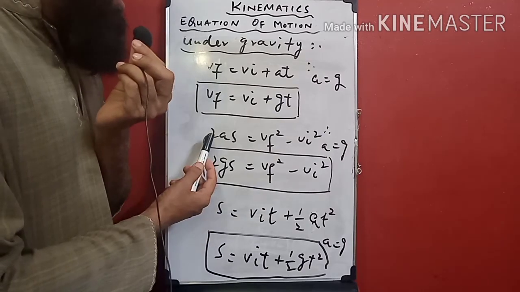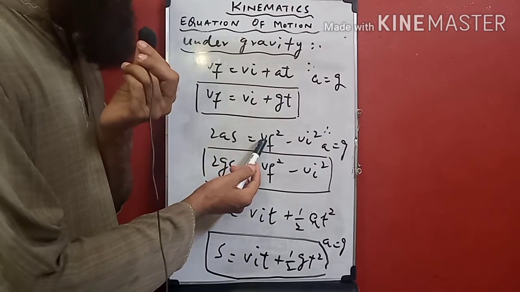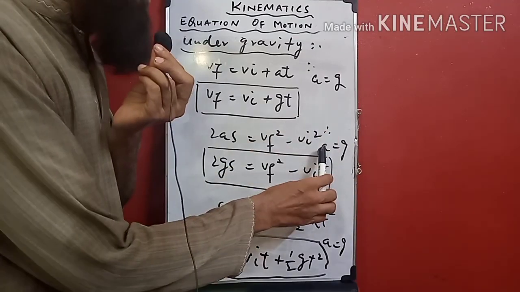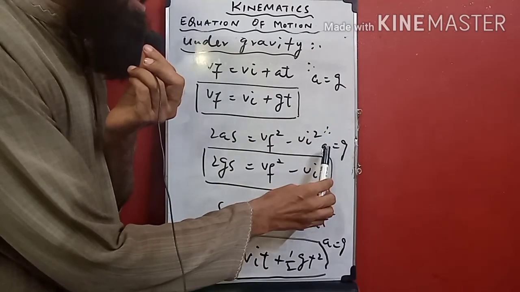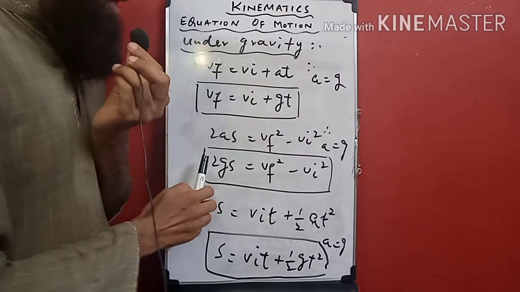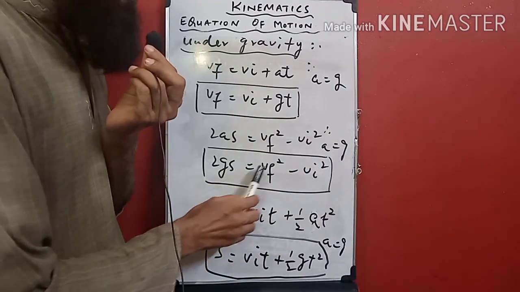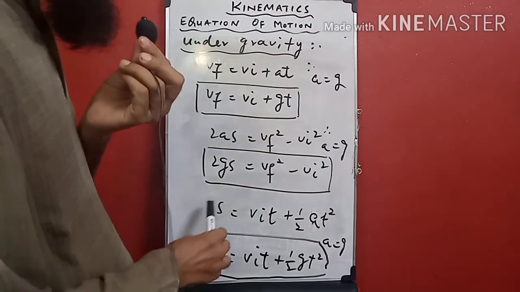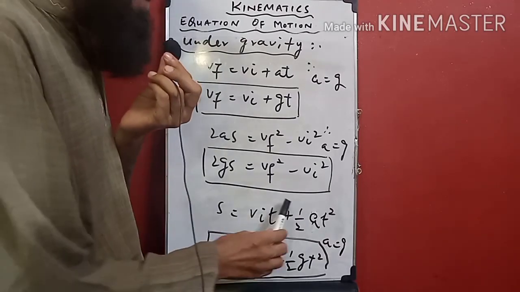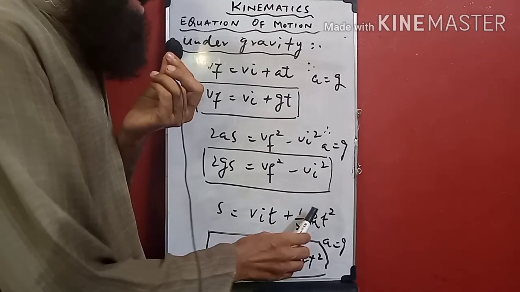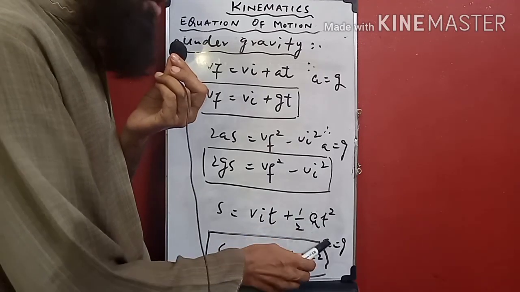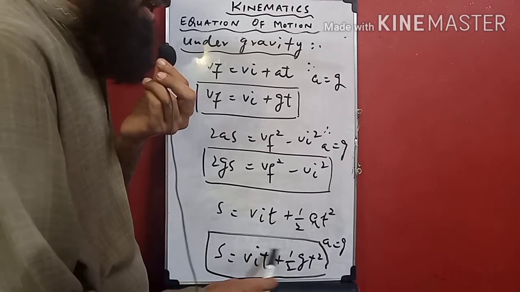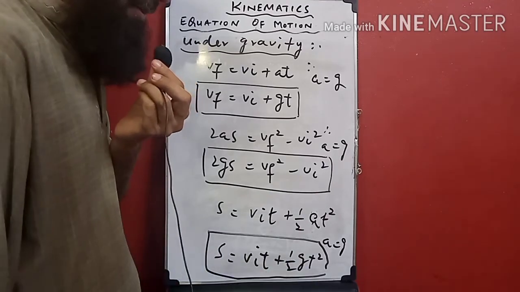In the third equation, 2As is equal to Vf square minus Vi square. If again the body comes from the height towards the earth, A equals G, and 2Gs equals Vf square minus Vi square. The second equation, S is equal to Vit plus half At square. Again we replace the value of A with G, and it comes as S is equal to Vit plus half Gt square.